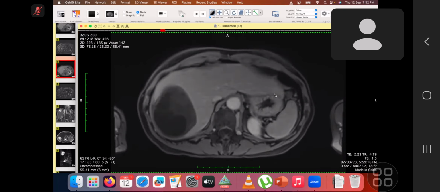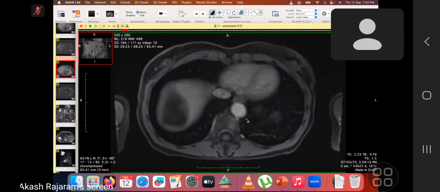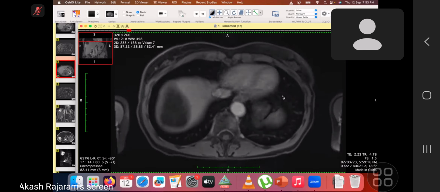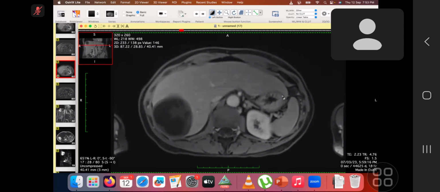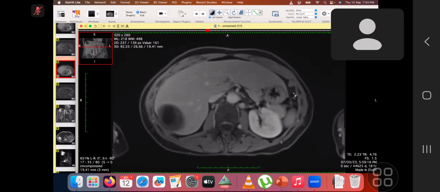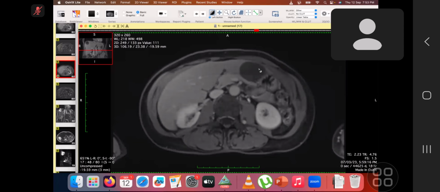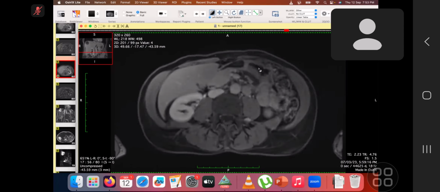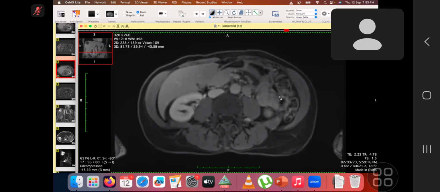But I'm suspecting this vertebral lesion to be some metastatic focus, and I would see the whole spine imaging to confirm if this is a solitary lesion or any other lesion is present. At the same time, there is another hyperintense lesion in the left lobe of the liver.